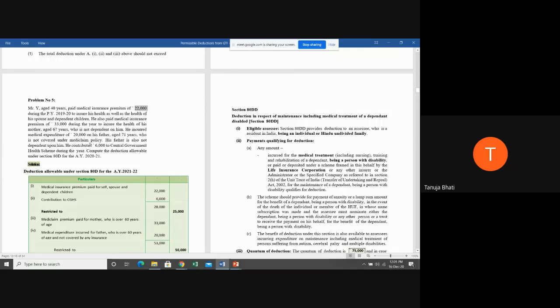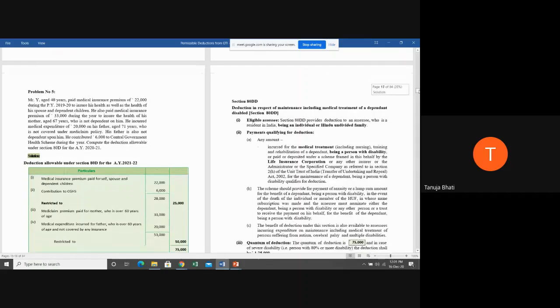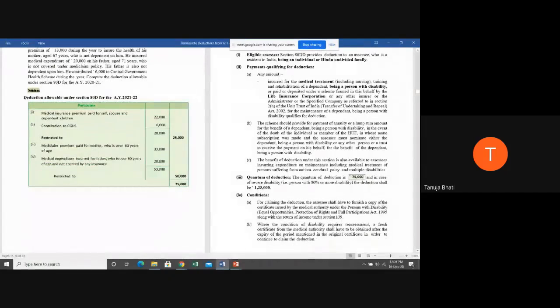So 22,000 plus 6,000 becomes how much? 28,000. But can he get a complete deduction of 28,000? No, he's going to get only a deduction of 25,000, because 25,000 is the maximum for non-senior citizens and 50,000 is the maximum for senior citizens. So let us see the solution.